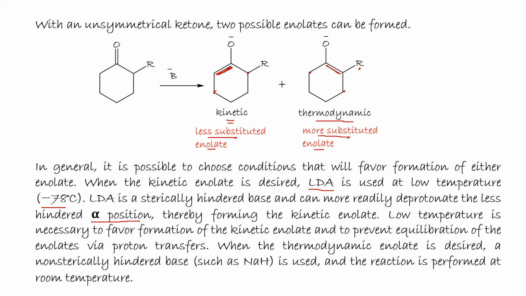Low temperature is necessary to favor the formation of the kinetic enolate and prevent equilibration of the enolate via proton transfer. When the thermodynamic enolate is desired, a non-sterically hindered base like sodium hydride is used and the reaction is performed at room temperature.